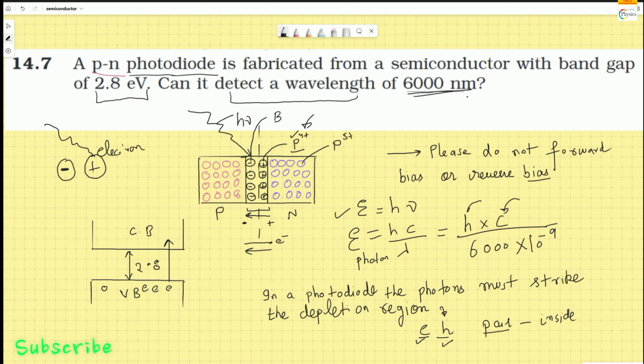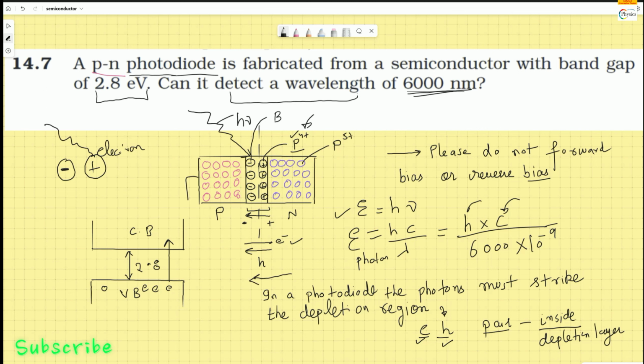So what we are trying to say is that the creation of electron-hole pair is inside the depletion layer. And I told you the electrons move in this direction because of the electrostatic field inside the depletion layer, and the holes start moving in the opposite direction. So the net is that you have a current flowing in this direction.